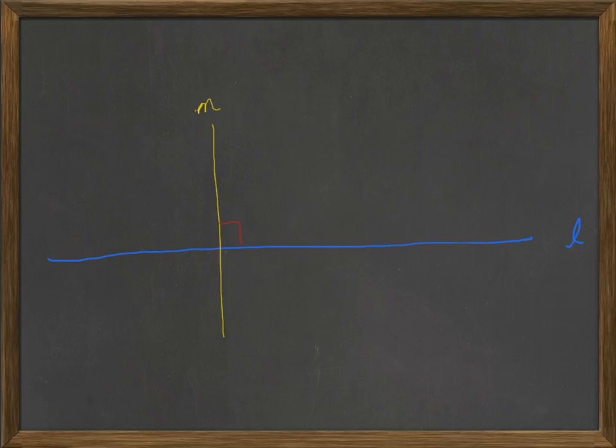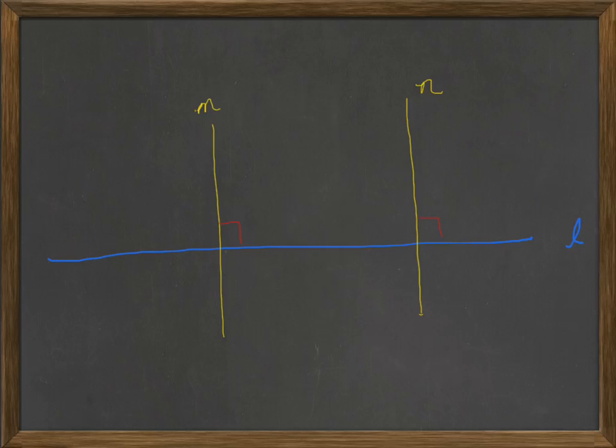Now let's explore this concept of perpendicular lines a little more comprehensively. So let's say that we have line L going across and we have a transversal line M cutting it. And we also happen to know that when M cuts line L, it forms a right angle, a 90-degree angle.